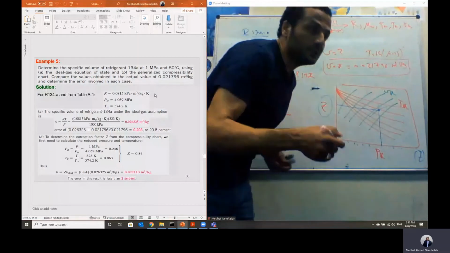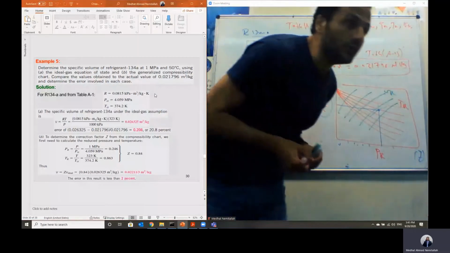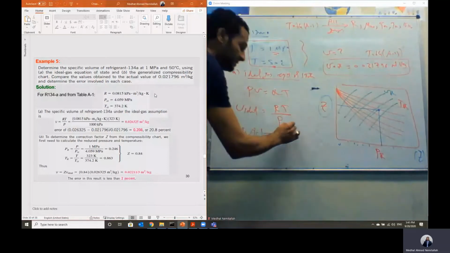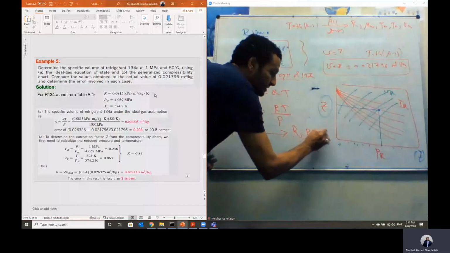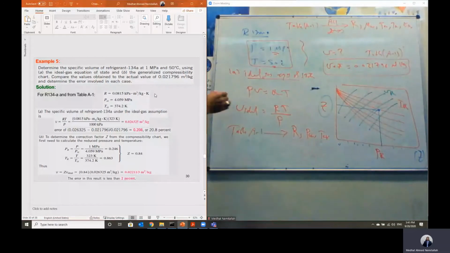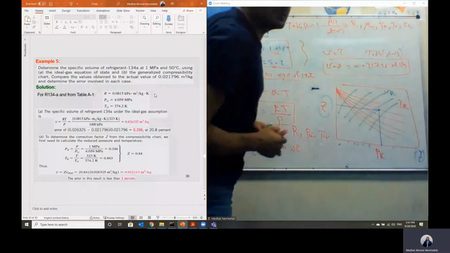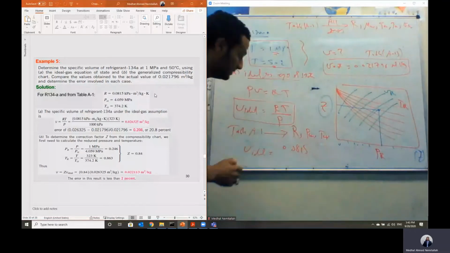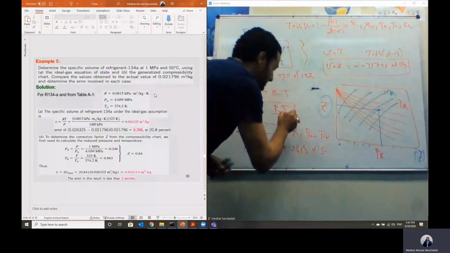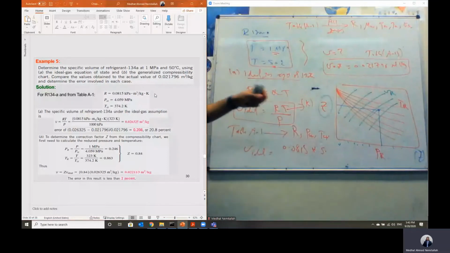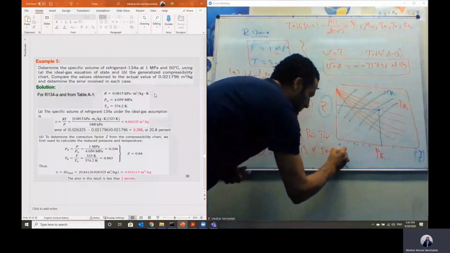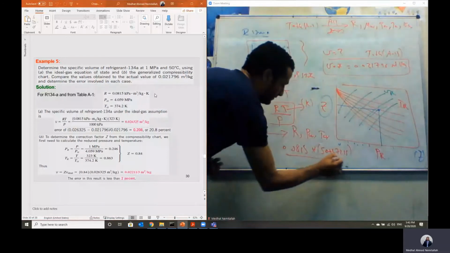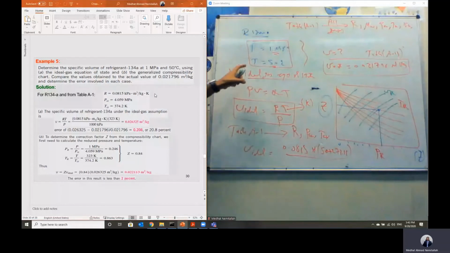In this table the gas constant R is given as 0.815 kilojoule per kilogram Kelvin. So I can get the gas constant R, the critical pressure, and the critical temperature. Then we can substitute to calculate the ideal volume. Ideal volume equals R, 0.815 kilojoule per kilogram Kelvin, multiplied by the temperature, which should be in Kelvin, so don't forget: 50 plus 273.15, divided by the pressure, which is 1 megapascal.